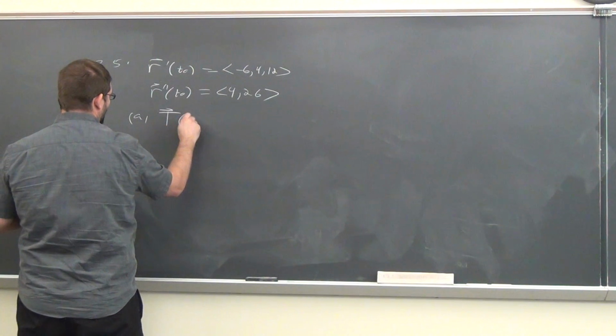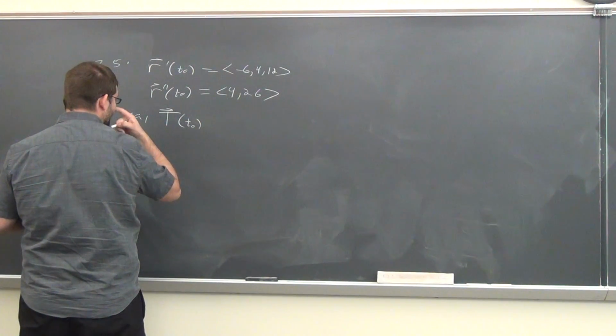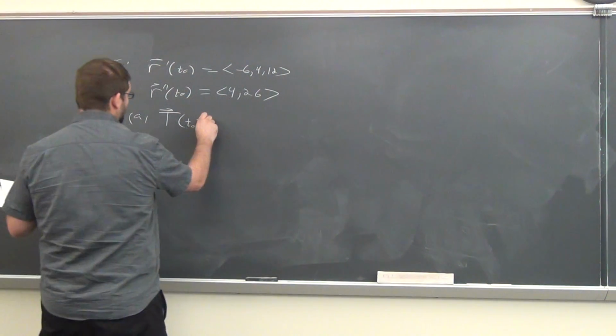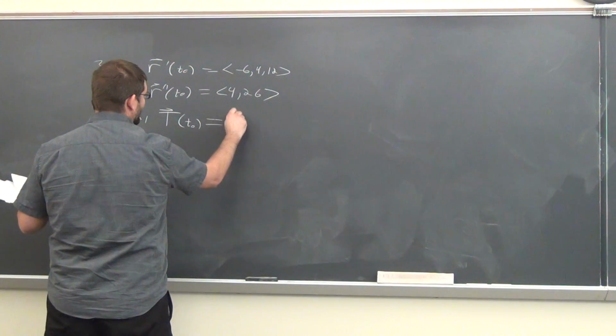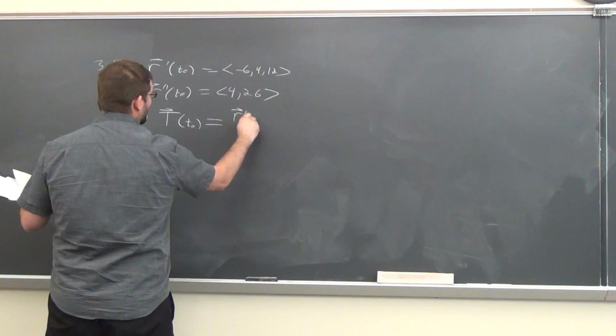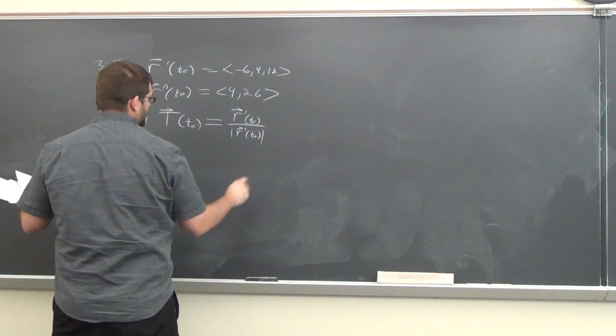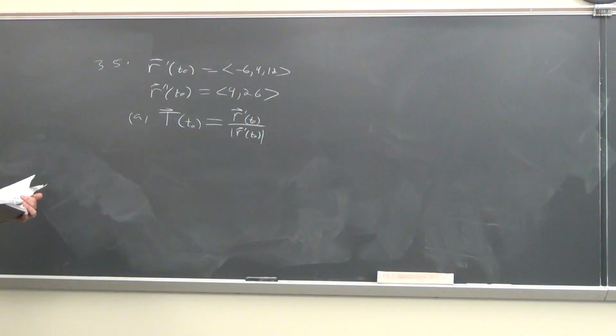But let's just work our way through some of this. So how do you find T, capital T? You have the derivative, so it's just R prime of T naught over that magnitude. I don't think I'll bother computing those. Does that seem okay? You just plug those things in.